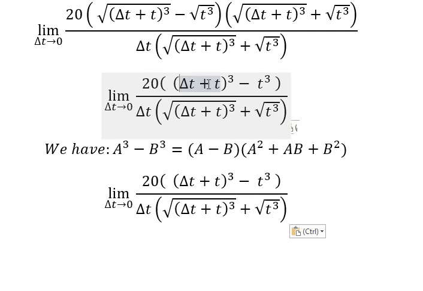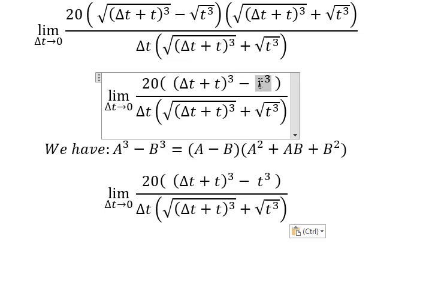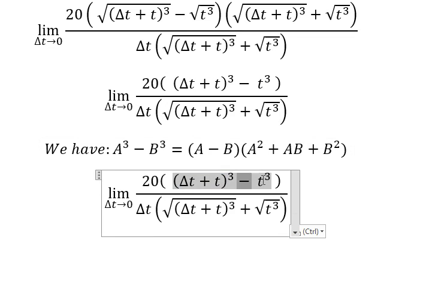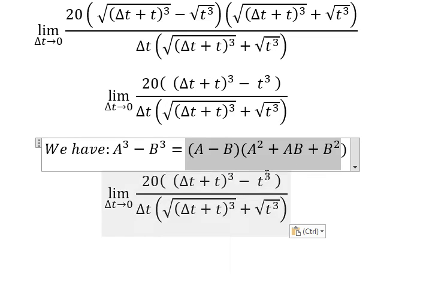So this one is A, this one is B. So we need to transform this one into this one.